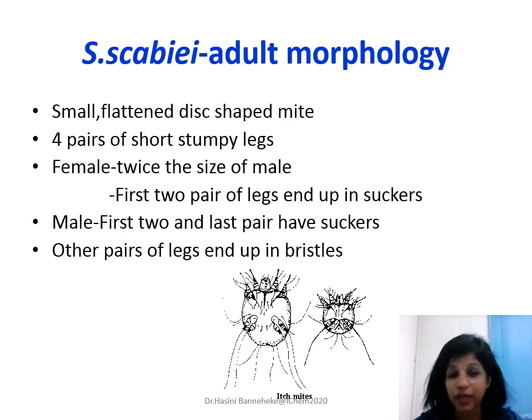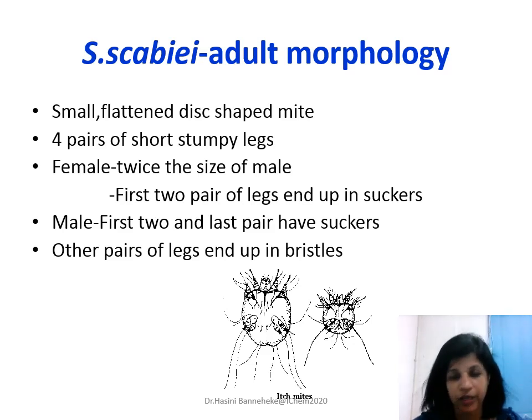Now, if you take the male first, I said it has four pairs of legs. So out of the four pairs, the first two pairs and the last pair have suckers in the male, to grab the female well. The female, on the other hand, has only suckers in the first two pairs of the legs.